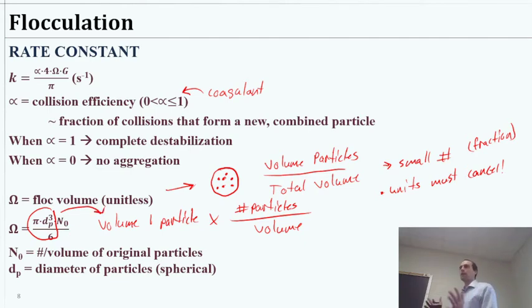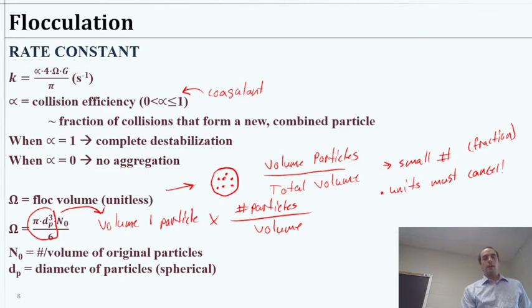So before flocculating, it doesn't matter if we used n or n naught. Usually we have more information about n naught, right? Usually we start with some number of particles, we know their size, then we're going to send them through flocculation. So normally we're working on the n naught side of things. Technically, we could put in n here if we're assuming we've conserved the volume, which we do assume, and we're assuming they end up as spherical aggregates, which we also do assume for our problems.